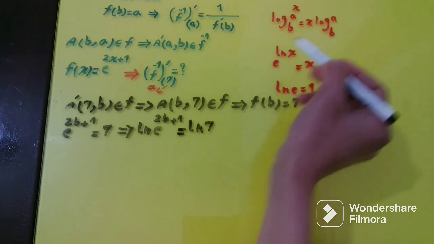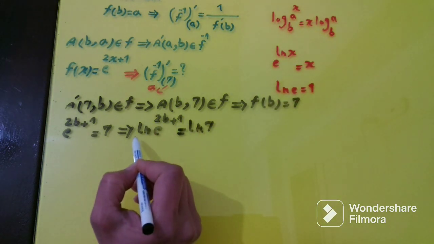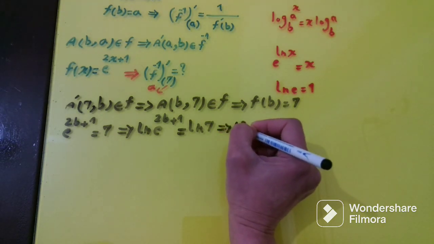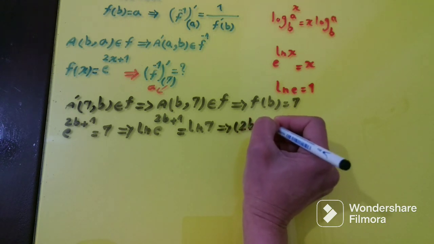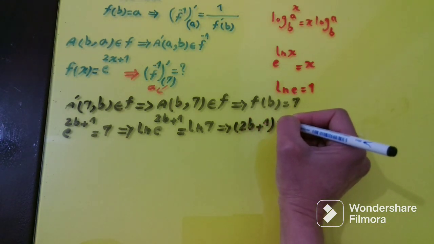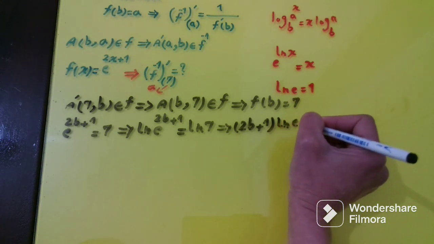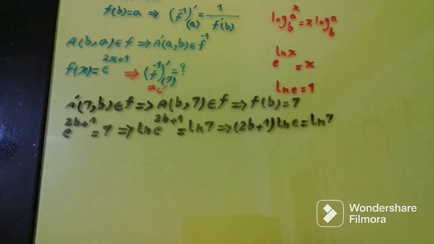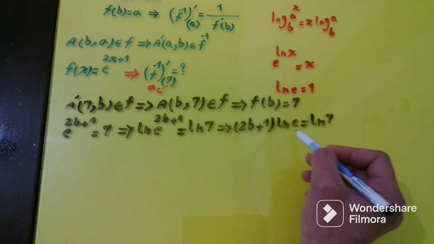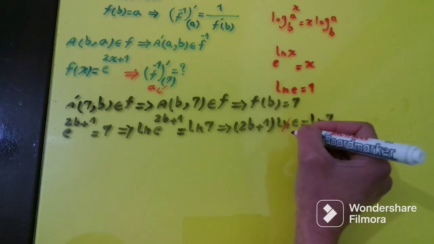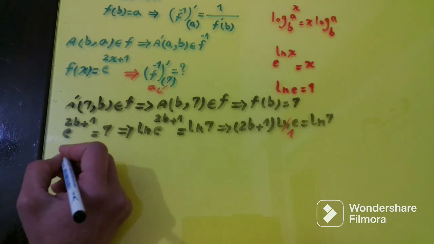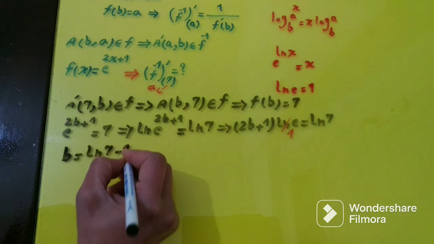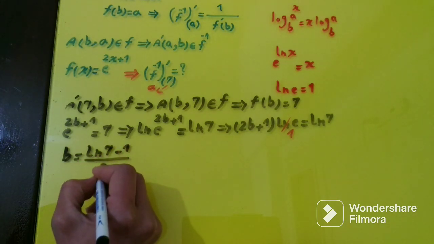According to this formula, we can bring this term down and put it next to the ln. So (2b plus 1) times ln of e is equal to ln of 7. As ln of e is 1, this term is 1. In the end, b is (ln of 7 minus 1) over 2.